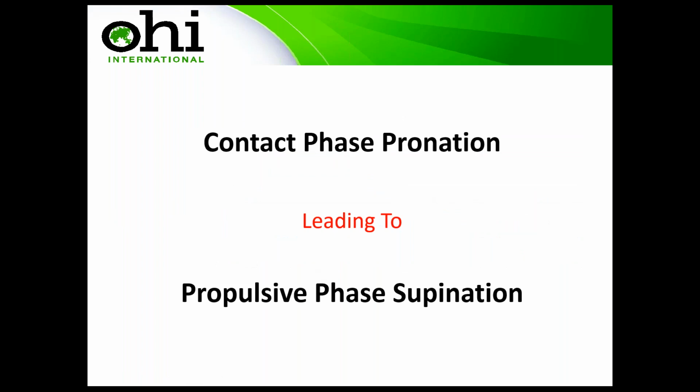So contact phase pronation, or inversion to eversion, leads to propulsive phase supination. So this is where we get our flags at the rear foot that are going to cause this contact phase damage, which will then cause further problems later on.